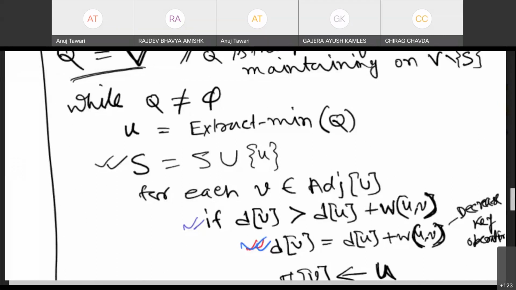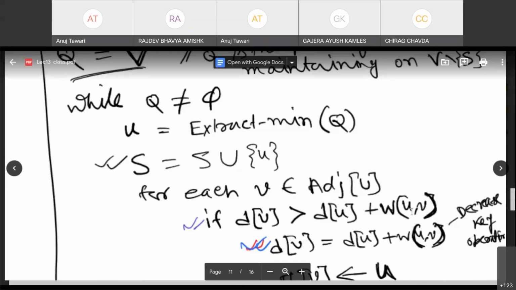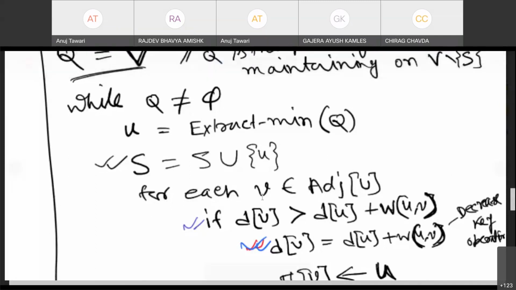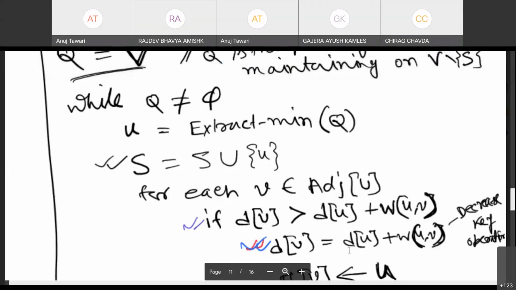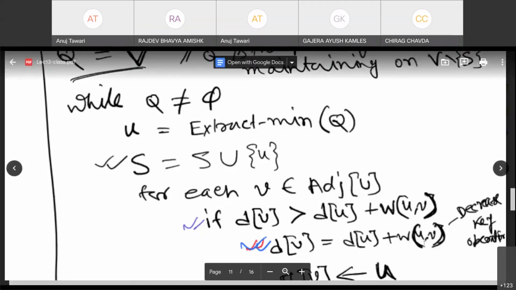So one way is to first go from S to u and then follow the edge from u to v. That is why we are taking all v adjacent to u. And if the value in dv is strictly larger than du plus w(u,v), then we will store the distance of v to be du plus w(u,v). So this is known as the relaxation step.